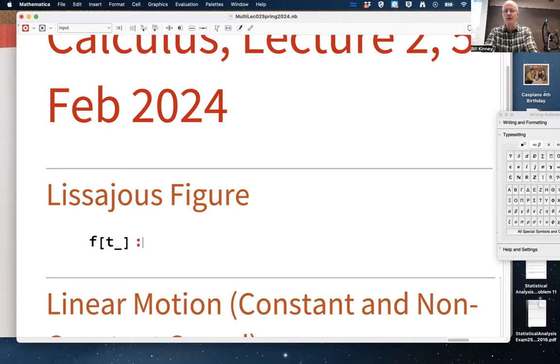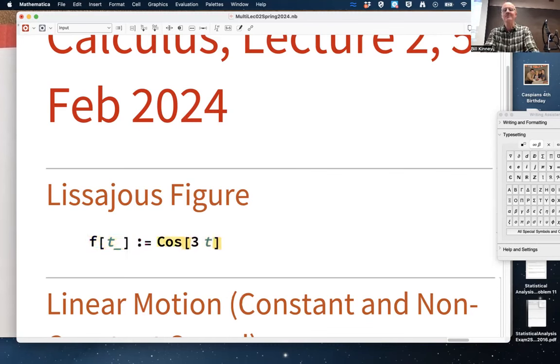I put a colon equals for reasons I'm not going to explain. It turns out to be most useful to do the colon equals in statistics, but I'm not doing it here. But I do make a habit of doing that even for functions.